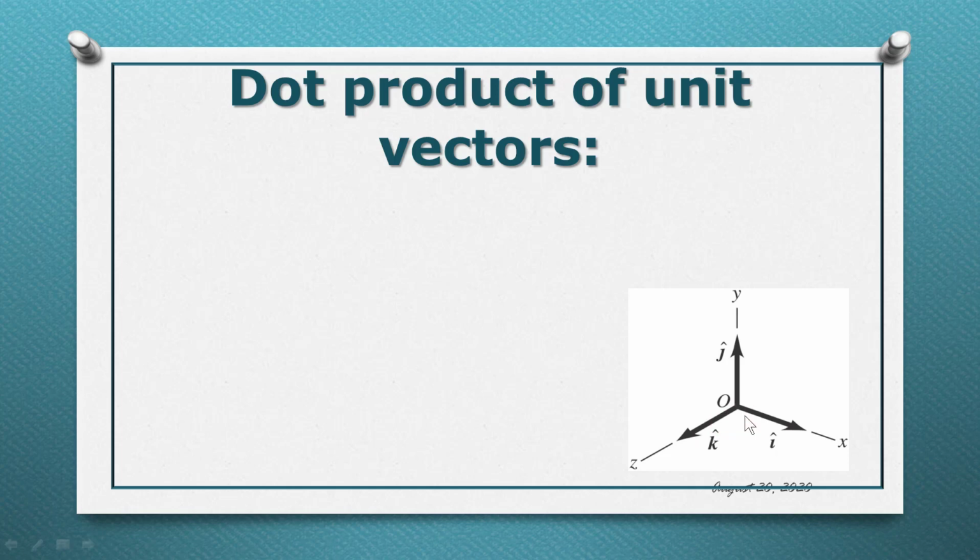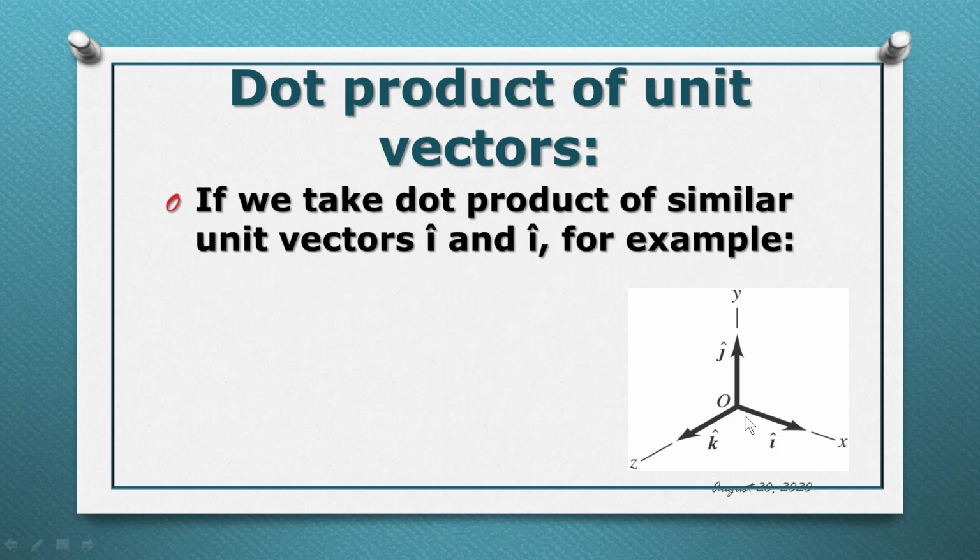So if we take the dot product of unit vectors, what will happen? If we take the dot product of similar unit vectors, i hat and i hat, for example, how are we going to do that? i hat dot i hat. We know the formula for the dot product is A dot B equals magnitude of A into magnitude of B with cos of the angle between the two. Obviously these two are the same vectors, so the angle will be 0 degrees, and the magnitude of a unit vector is 1.